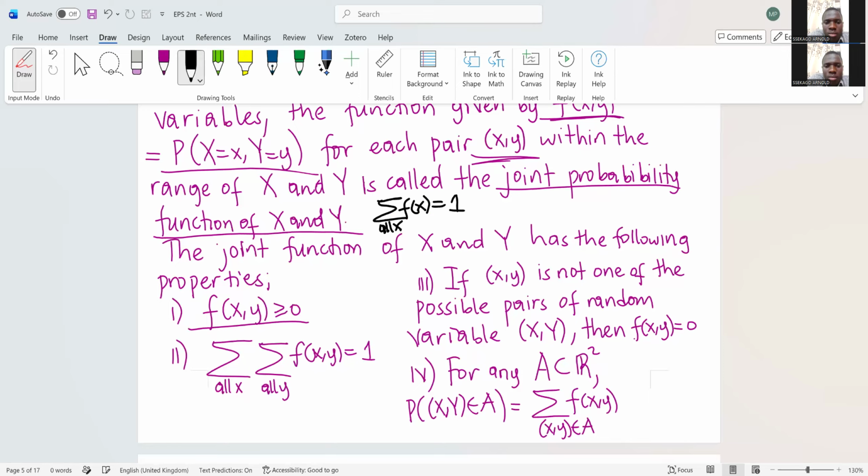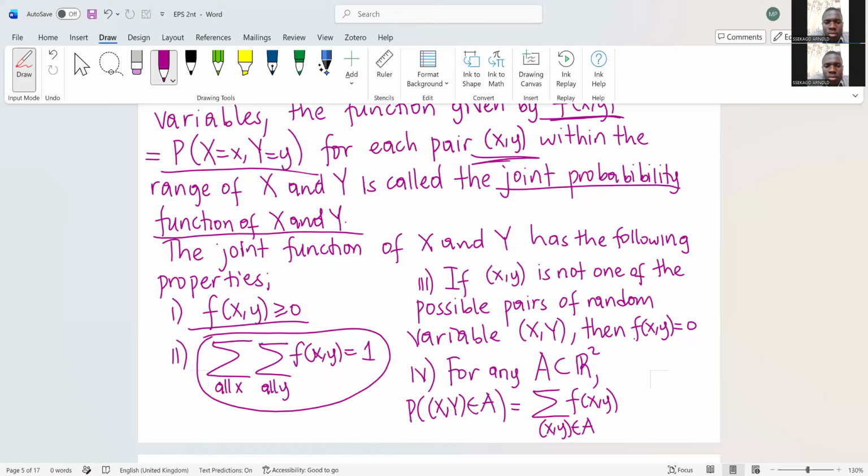Now here for two dimensions, there are two sums, a sum over all x values and also a sum over all y values, because x is jointly distributed with variable y. Therefore, the axiom for total probability to be equal to 1 transforms into this expression for a joint probability distribution.